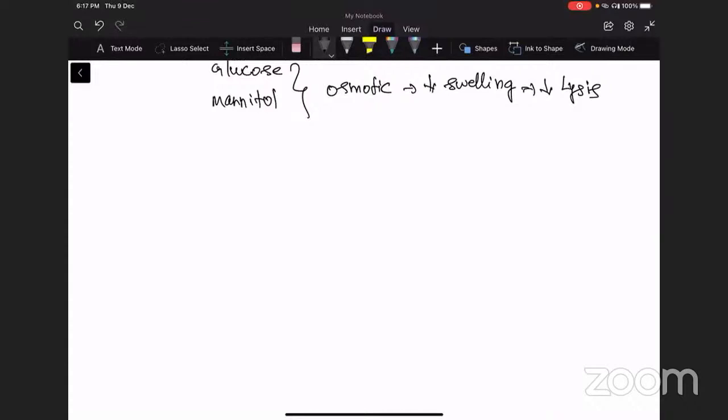Then we come to the carcinogens. Carcinogenesis can be because of a proto-oncogene mutation.